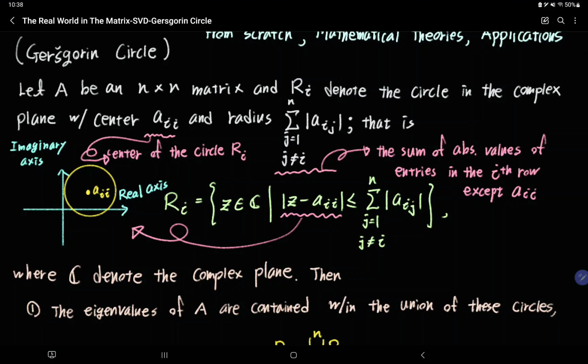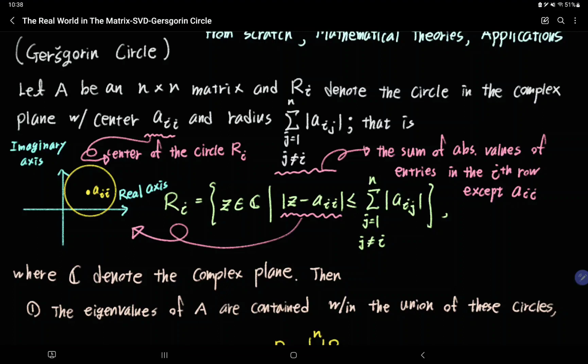Let me picture that statement in the complex plane. The horizontal axis is the real axis, and the vertical axis represents the imaginary axis. From matrix A, we can figure out the diagonal entry, and we use it as the center of the circle.